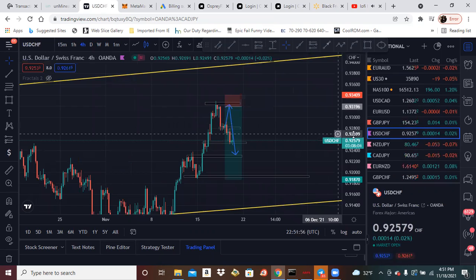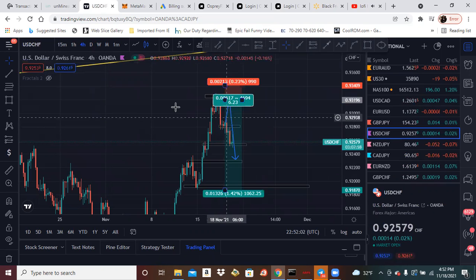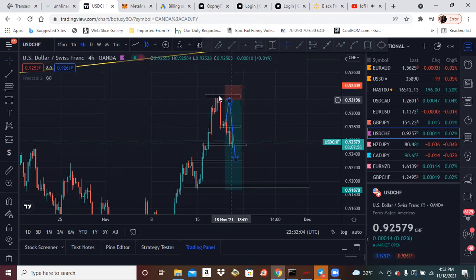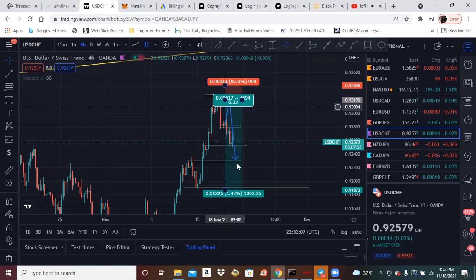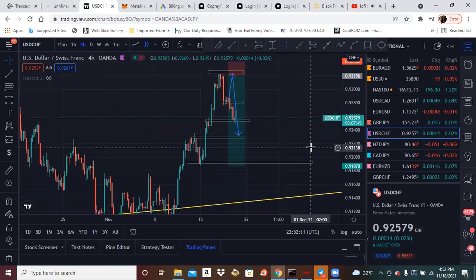I didn't get in the trade. After this bearish engulfing candle, I thought maybe it'll come back up and retest, and then we were going to get in, but it never did. So we missed out on USD CHF coming back down there, but it's okay.